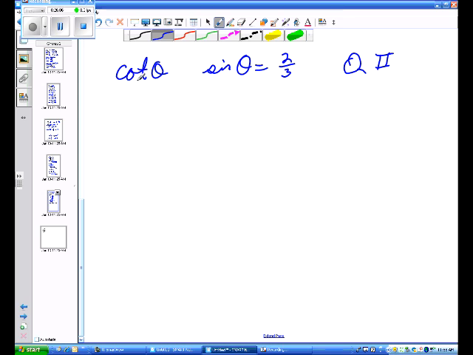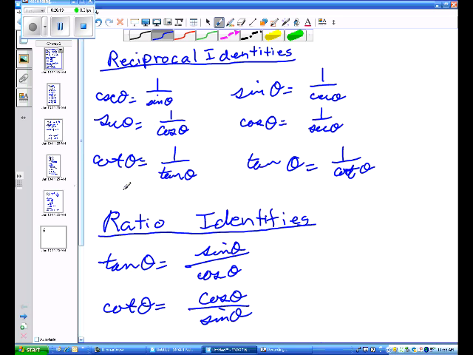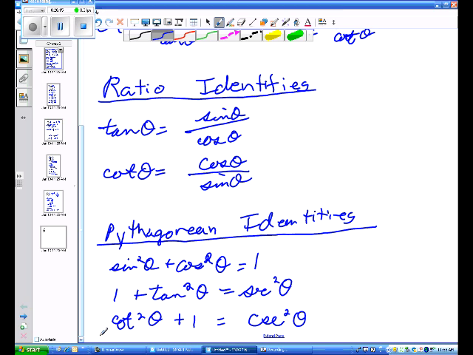Well, we want to think back. If we went back to our Pythagorean identities, I don't think we had one that dealt with cotangent and sine. We had sine and cosine. We have tangent and secant. Here we have a cotangent. Cotangent's what we're trying to find. And we have a cosecant.